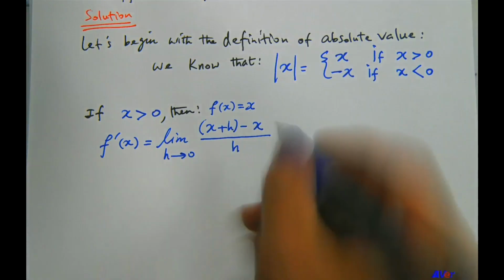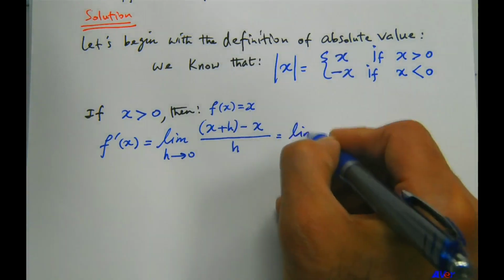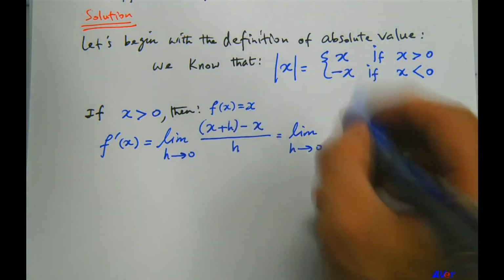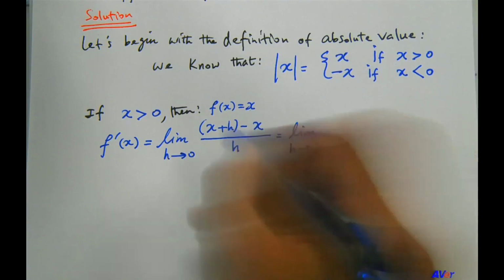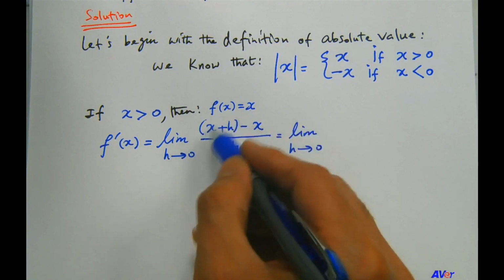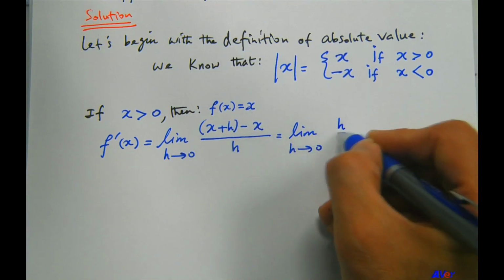So what do we get here? We get limit of this difference quotient as h goes to 0 is x. You can simply remove the parentheses and you get x and minus x cancel each other out, and we end up with h over h.